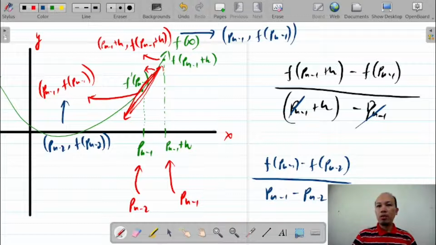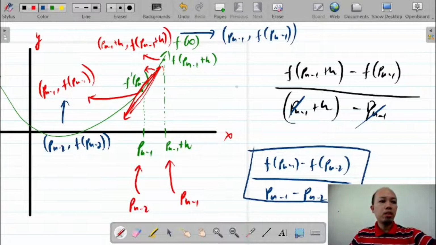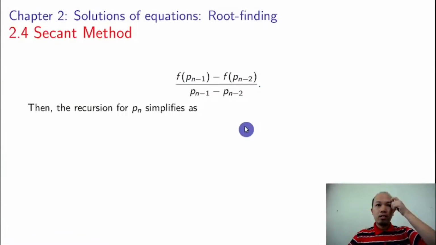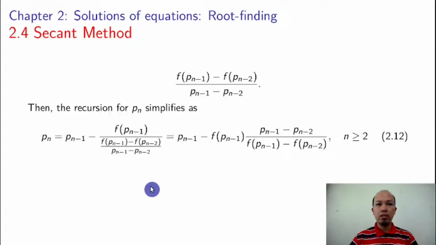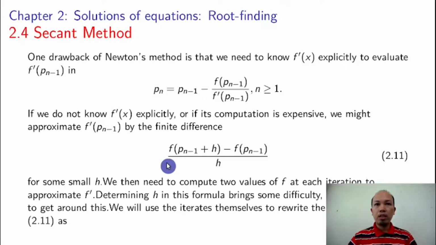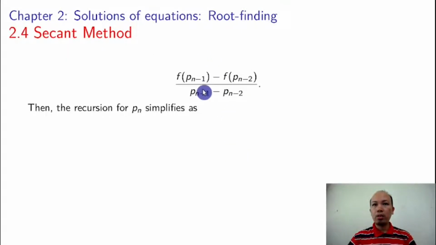So this is now our new formula. If we go back to our slide, this is the recursion for p sub n if simplified. Just like the formula for Newton's method, all you have to do is replace the denominator by the one that we get here.